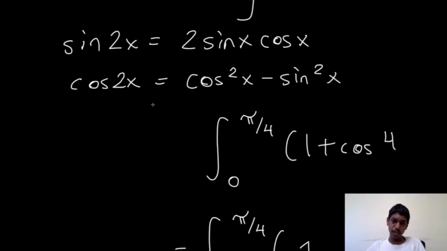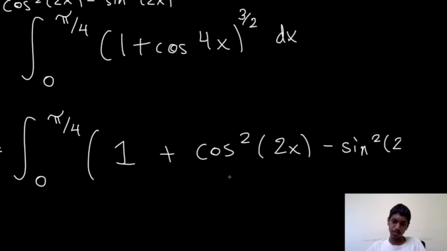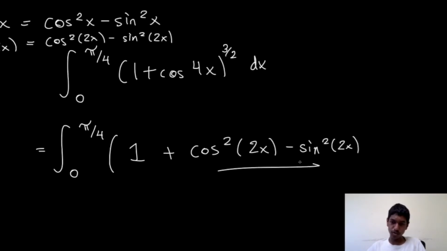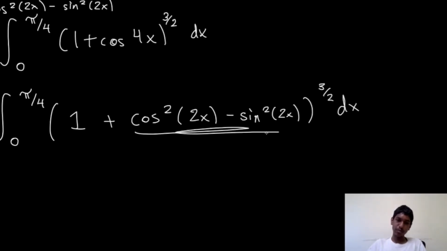Because this formula is only for cosine 2x, but if you want cosine 4x, then we just say cosine of 2 times 2x. So now wherever we see an x, we write a 2x. So that's what I've written over here: (1 + cosine squared 2x minus sine squared 2x) to the 3/2 dx. Haven't we made it more complicated?